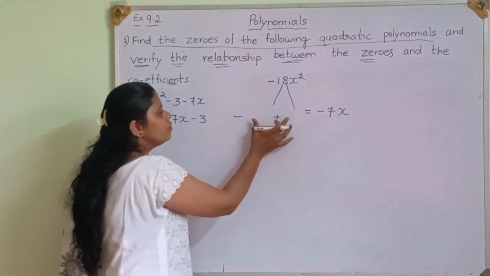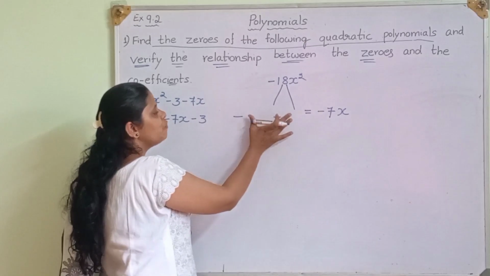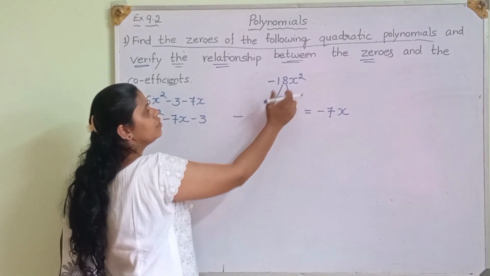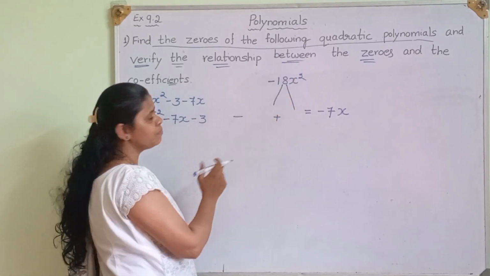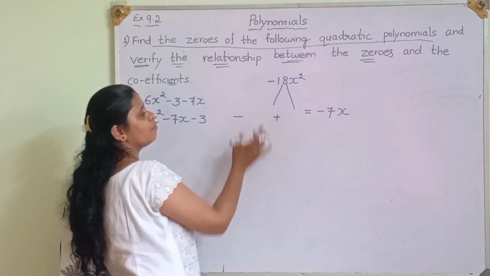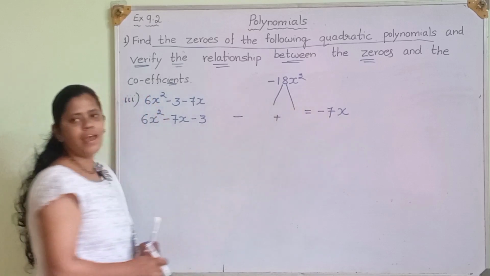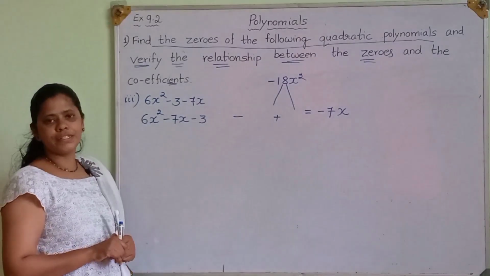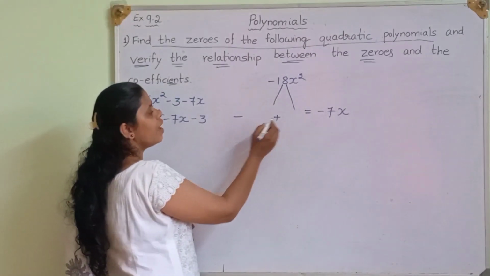Now we have to find two numbers such that when we multiply these two numbers, we get this as answer, and when we subtract these two numbers, we get this as answer. Which are those numbers? Say 9 and 2.